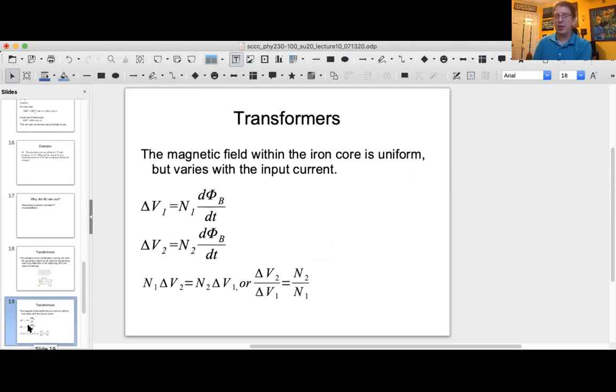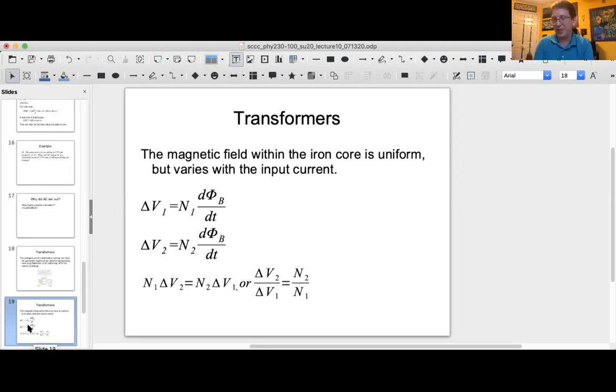Now, the magnetic flux through both coils of wire is going to be the same. But remember from Faraday's law, the magnitude of the induced EMF is also proportional to the number of loops in the coil. So what you wind up getting is a relationship where delta V2 over delta V1, the ratio of the output voltage to the input voltage, is equal to N2 over N1.